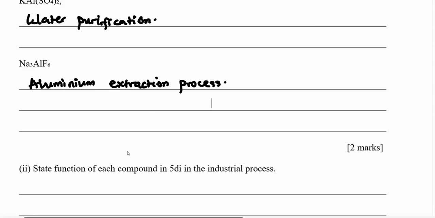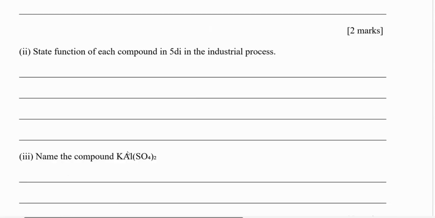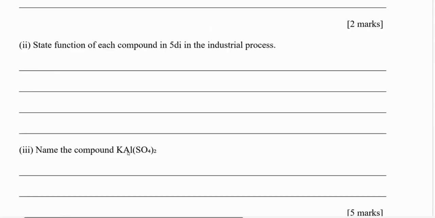Now the next question says, state the function of each compound in 5DI in the industrial processes. Okay, so for the first one, aluminium hydroxide, the function is it serves as flocculant.